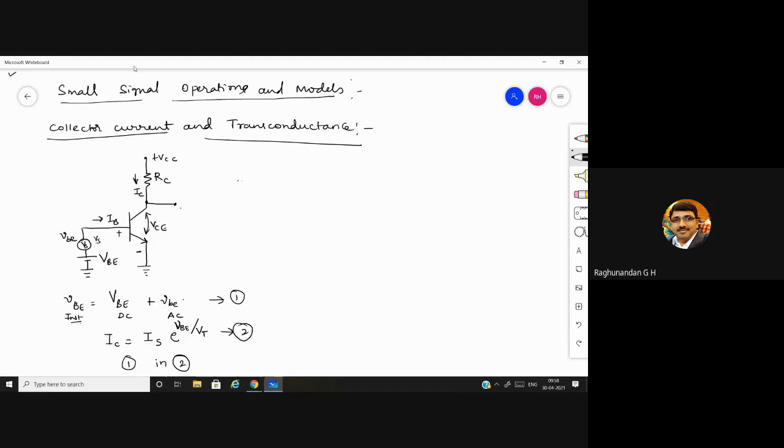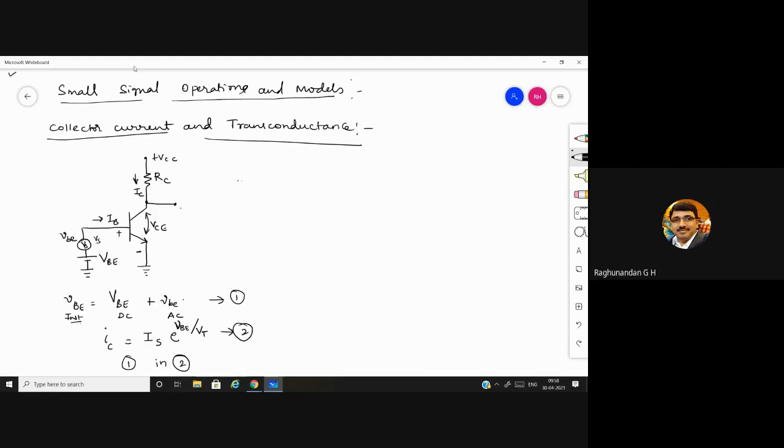Sorry, this one is the instantaneous current, so this should be small i, since the output is a combination of both. Change this to capital I C.